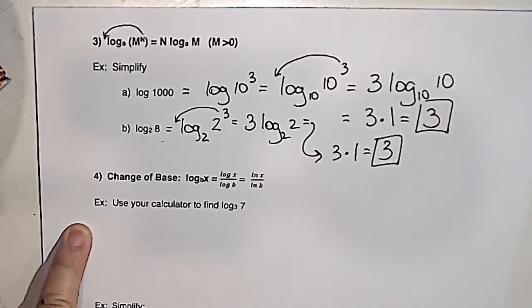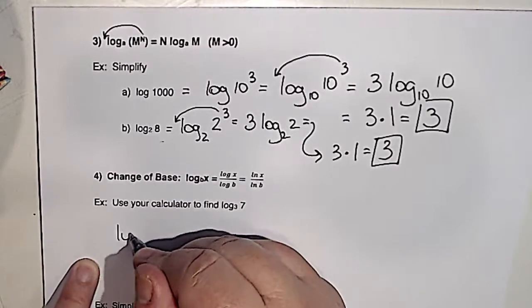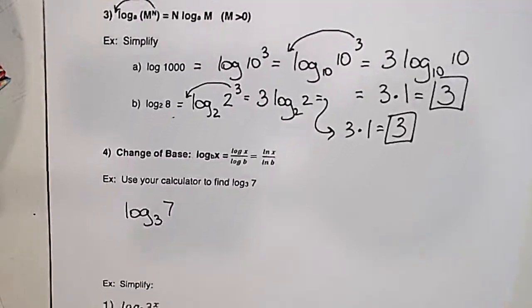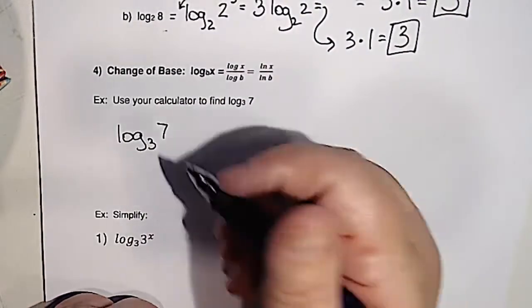Number 4. This is an interesting little property called change of base. This is one of the weirder things, and it's really useful because if I say I have log base 3 of 7 and ask you to find it on your calculator, you'd say there is no log base 3 key unless you have a fancy calculator. And I'd say, don't worry about it.